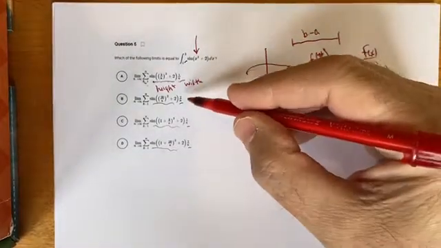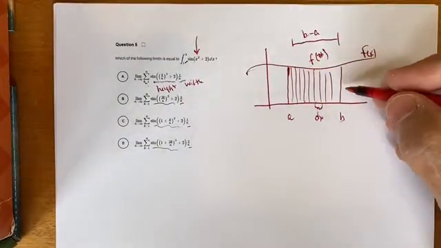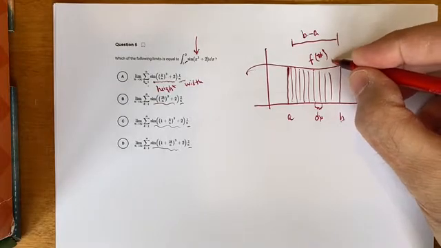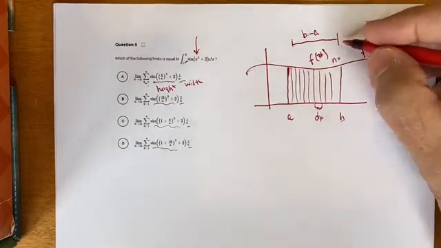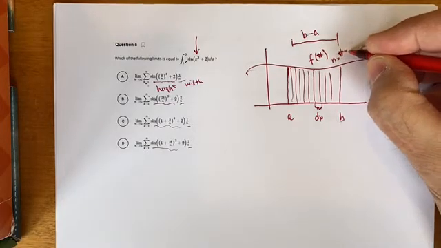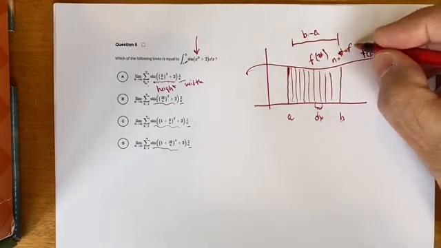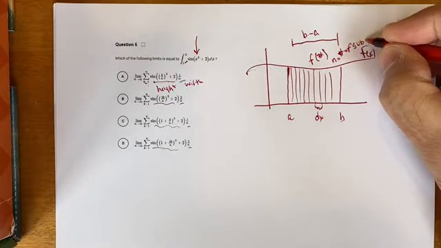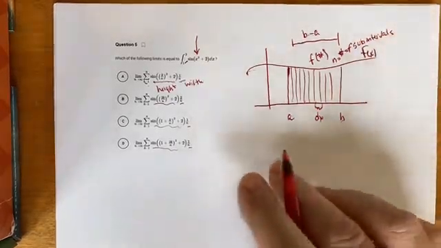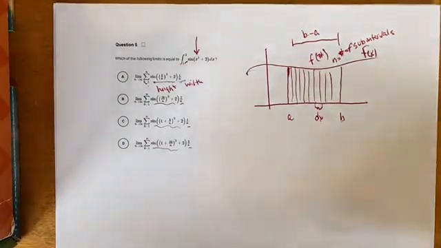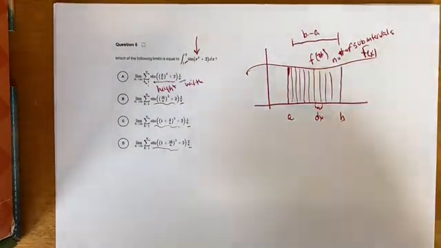So the width, let's talk about that. If we have the number of subintervals, if you're doing RAM 5, then n would be 5.